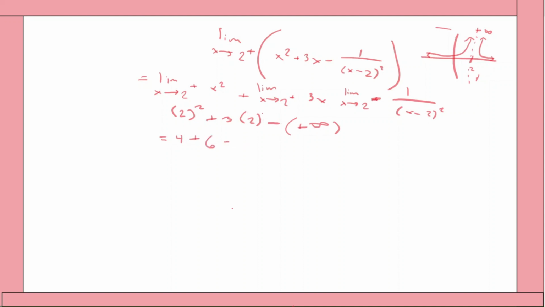And minus a positive infinity will just give you a negative infinity. Okay, so 4 plus 6 minus infinity: whenever you have infinity and some numbers, infinity is way bigger than any of this.